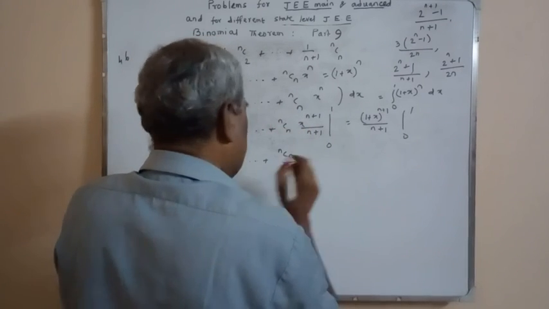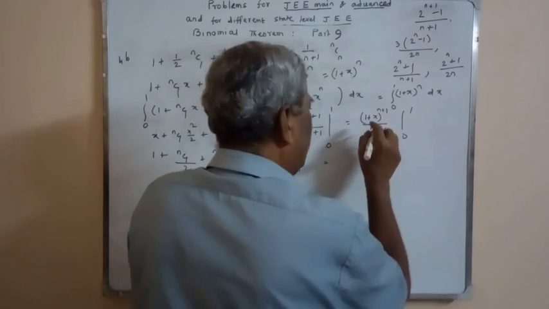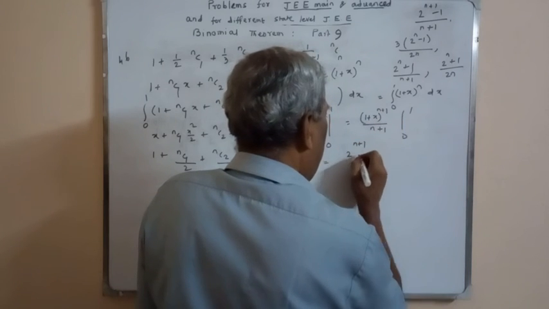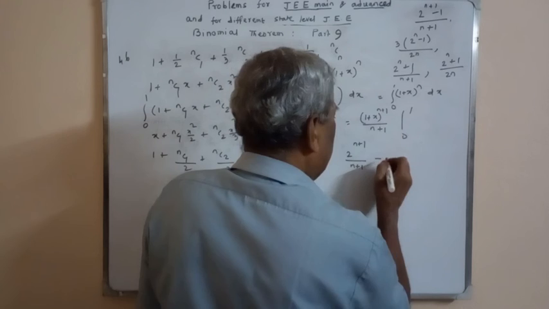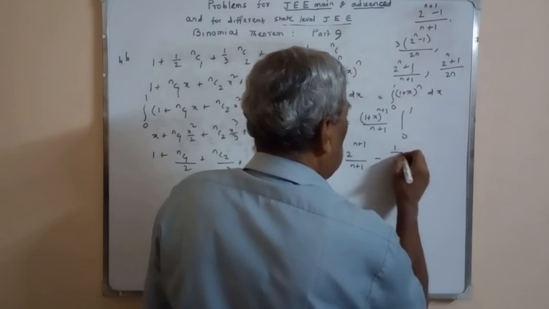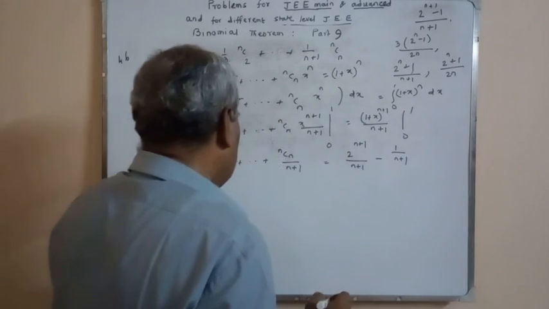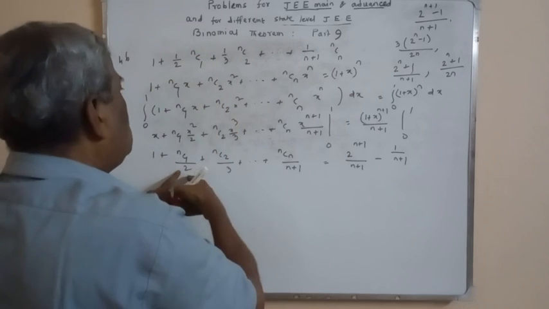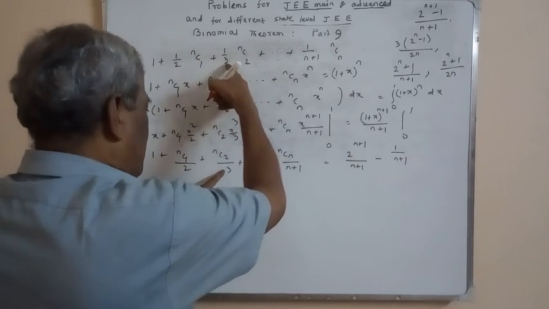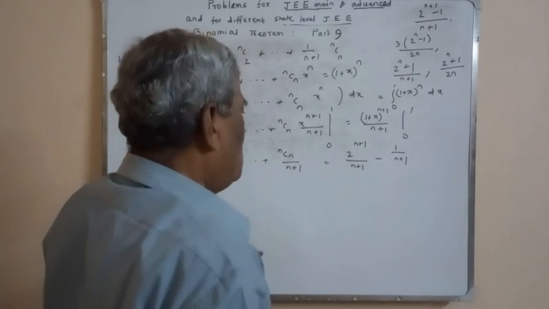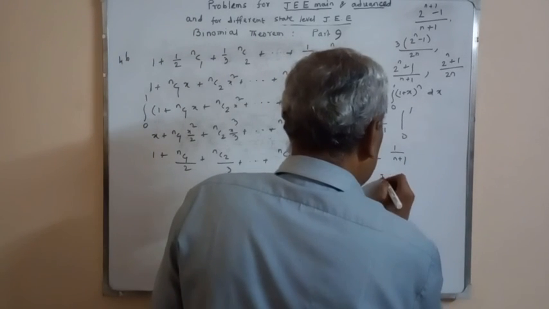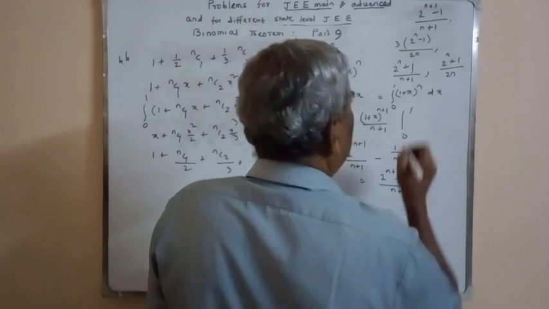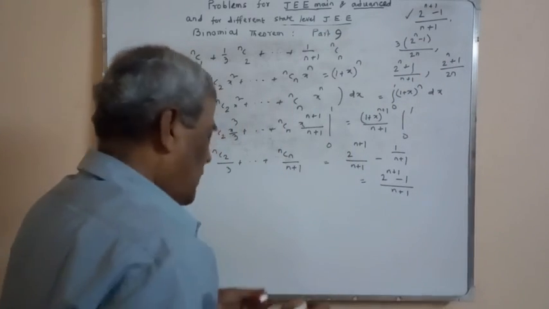So this is equal to 2 to the power n plus 1 by n plus 1 minus, putting x equal to 0, 1 upon n plus 1. So for the answer, 1 plus nC1 by 2, nC2 by 3, and so on, is equal to 2 to the power n plus 1 minus 1 by n plus 1. This is our answer. So the first option is correct. Option A is correct.